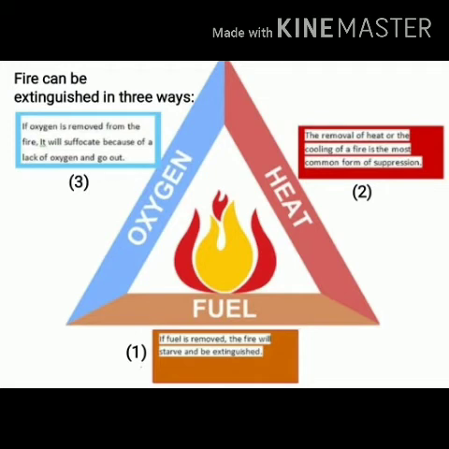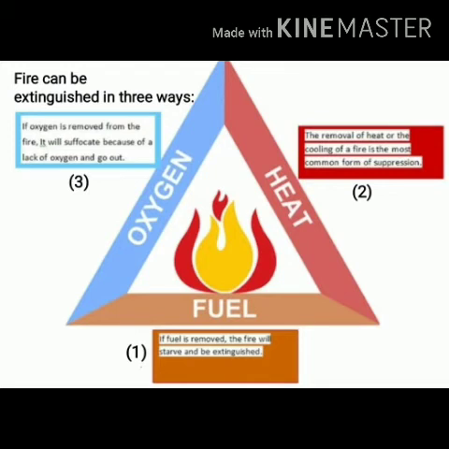Students, a fuel or combustible substance is food for fire. It means as much food as there is, that much long burning will take place. So what can we do? We can reduce the amount of food, that is the fuel.